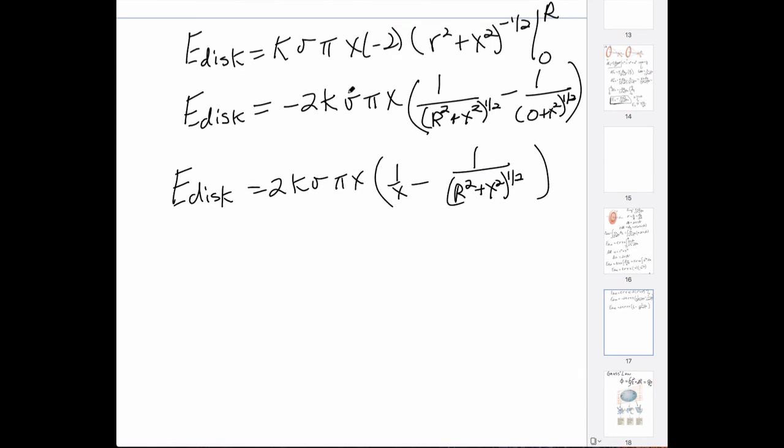I can distribute the x in there. There's not a whole lot more cleaning up you can do, but you can take this x and distribute it to this expression, and you get the actual answer.